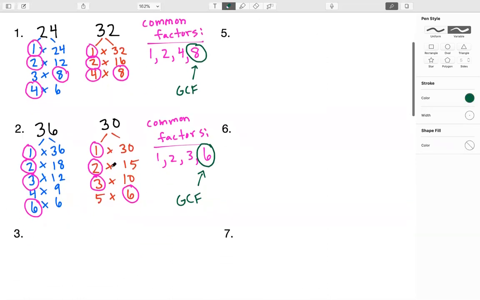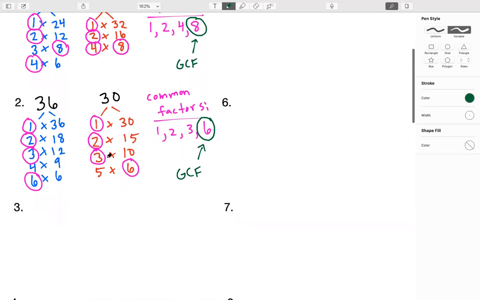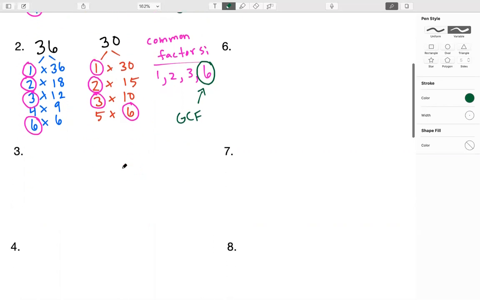Okay. Something you can do is just take the smaller number and find all the factors like I did here, and then just go through and ask yourself, okay, can I divide 36 by 1, by 2, by 3, by 5? No, by 6? Yes. And then ask yourself all these numbers and then just pick the biggest one.